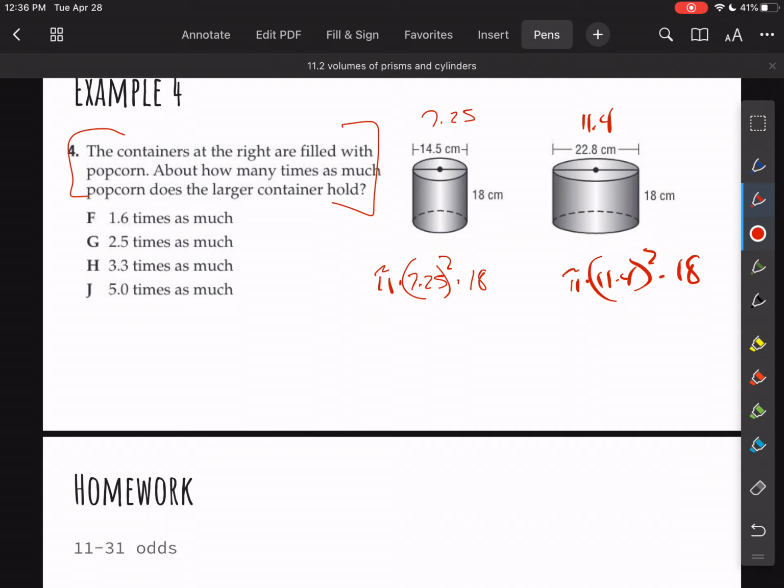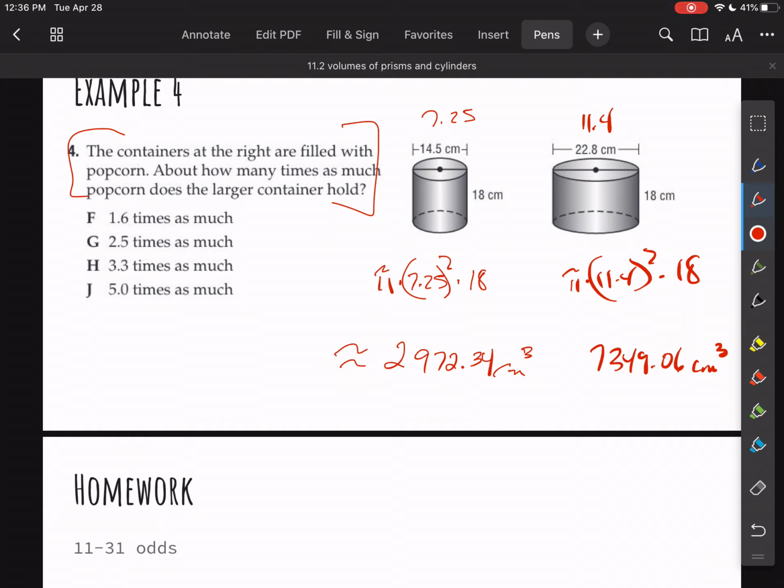So 7.25 squared times 18 times pi gives me approximately 2,972.34 centimeters cubed. And the other one would be 11.4 squared times 18 times pi, which is 7,349.06. I encourage you to check me on these numbers.